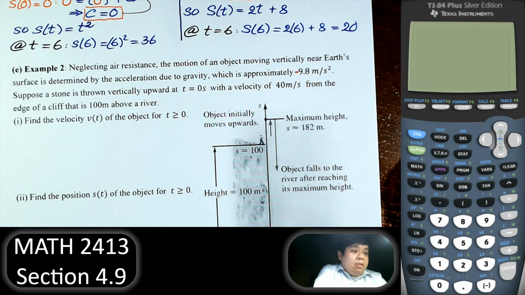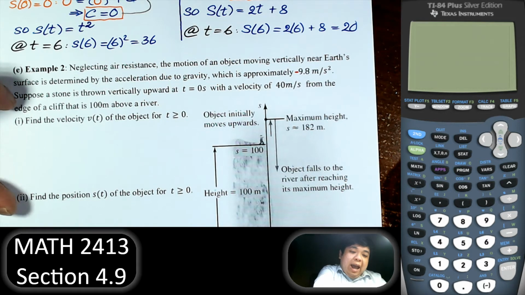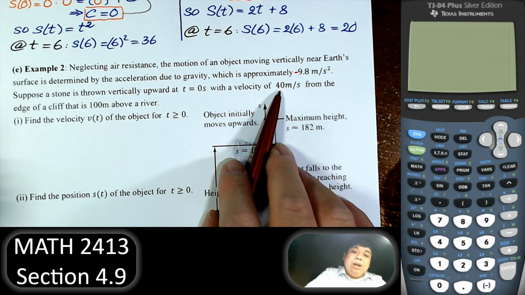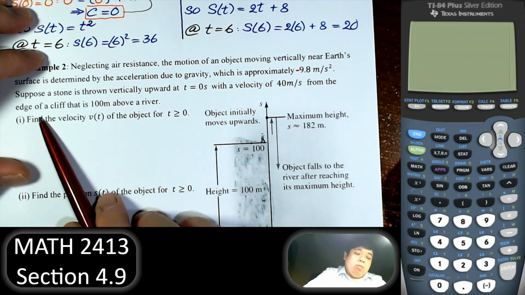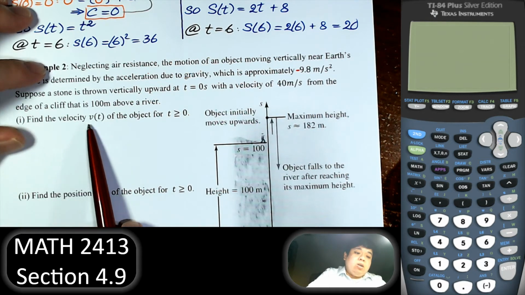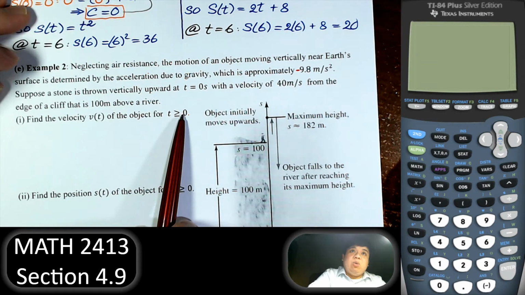In the English unit, that would be 32 feet per second squared. Suppose a stone is thrown at t equal to 0 with an initial velocity of 40 meters per second from the edge of a cliff that is 100 meters above the river. Find the velocity of the object for t greater than 0.